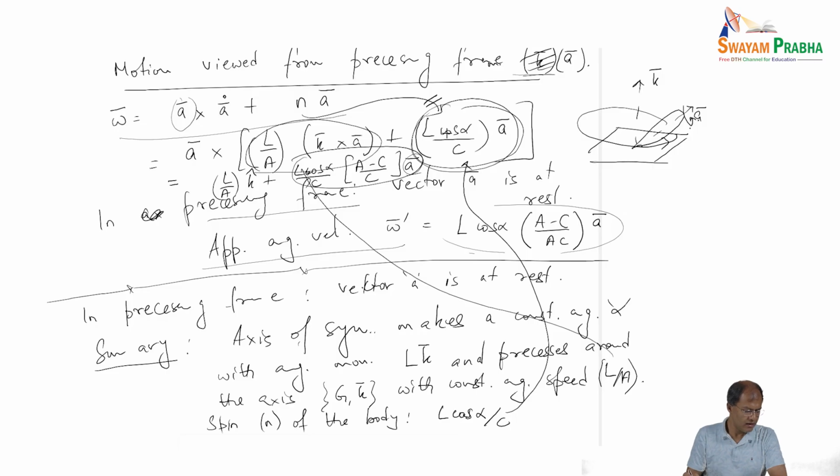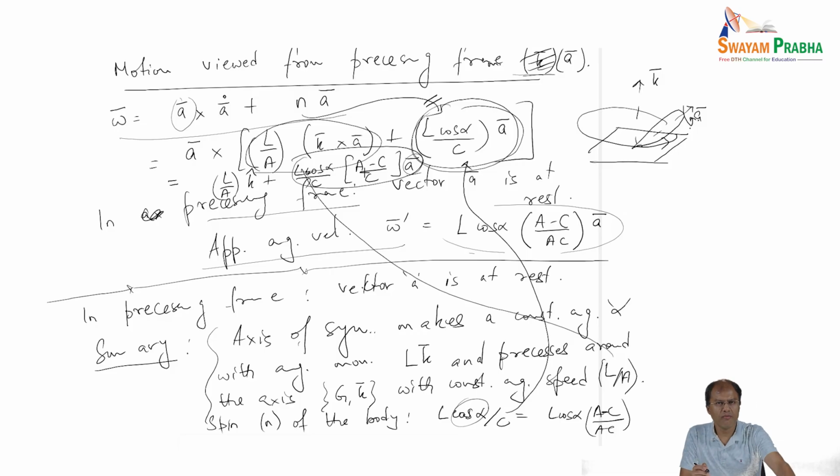Okay, so then we can see that, by doing the necessary simplification, not substituting the angle, this is also equal to L cos alpha times A minus C divided by AC. Okay, so these are just a repetition of what we have seen so far.